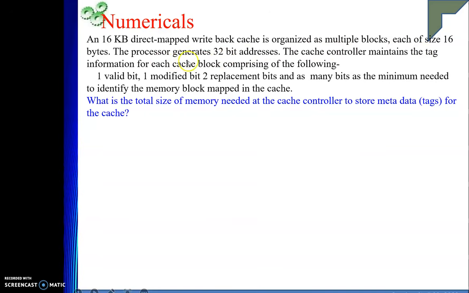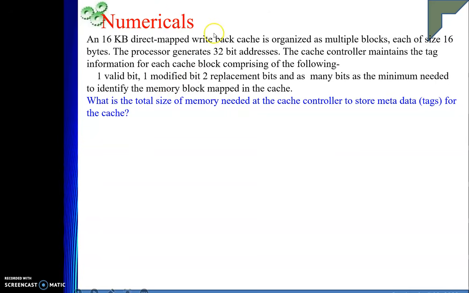The processor generates 32-bit addresses and the cache controller maintains the tag information for each cache block comprising the following. Along with my tag bits, the controller is going to store some more bits in a block. It is block wise. So one valid bit is there to understand whether the block is containing the correct data or not.